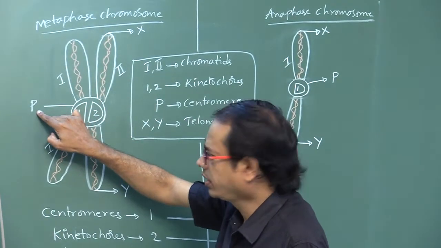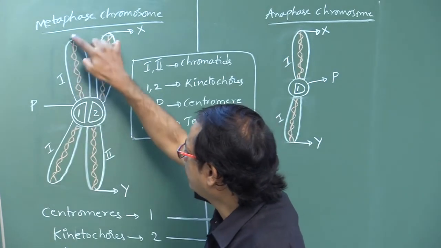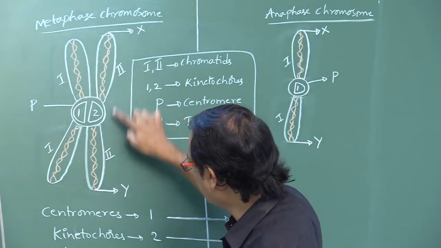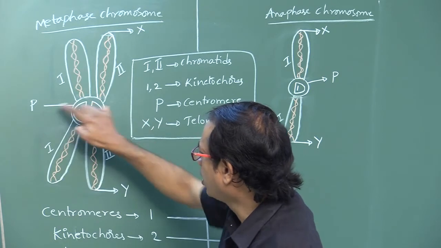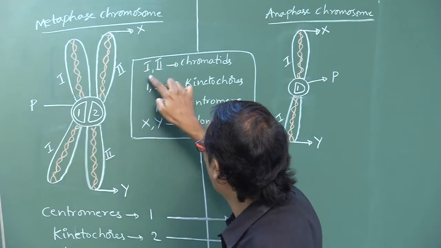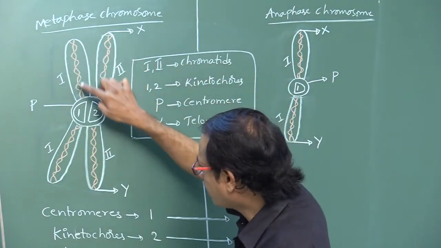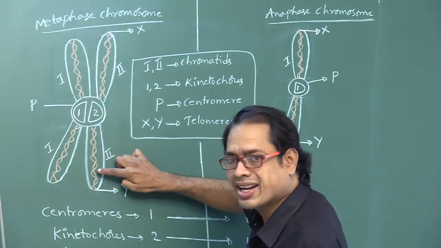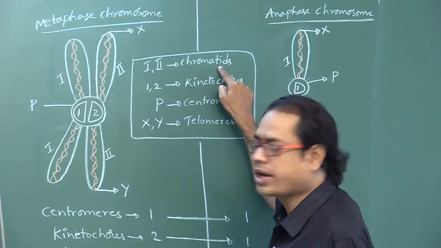Inside it are Roman numbers 1 and 2. 1 and 2 are called chromatids. This entire thing is one chromatid, and this entire thing is the second chromatid.